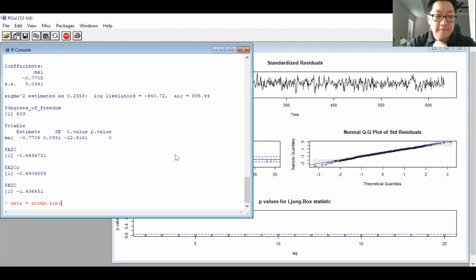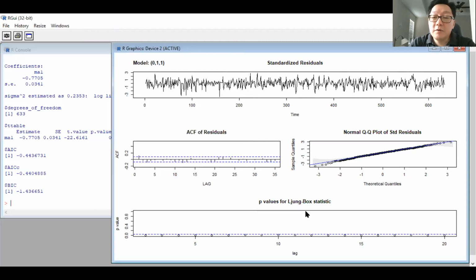I'm so sorry, I cannot remember the exact options for the simulation. Anyway, the p-values must be much bigger than this one.